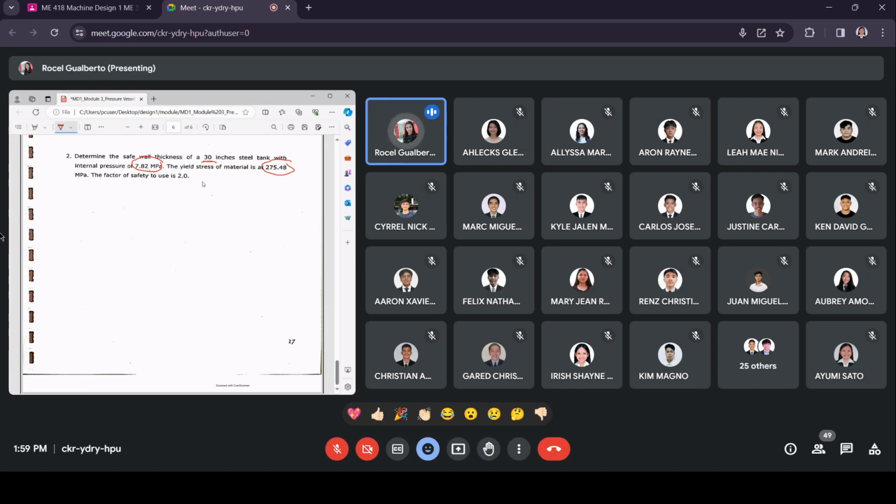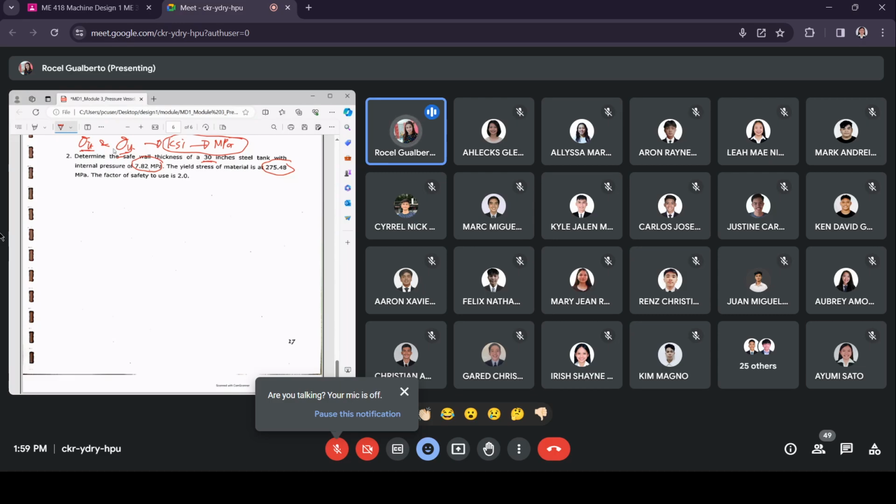It is simply your sigma U and also your sigma Y, which we take values from the design table. These are to be converted from KSI to megapascal. So you need to convert these two values, sigma U and sigma Y, to megapascal, if these values are taken from your design table.